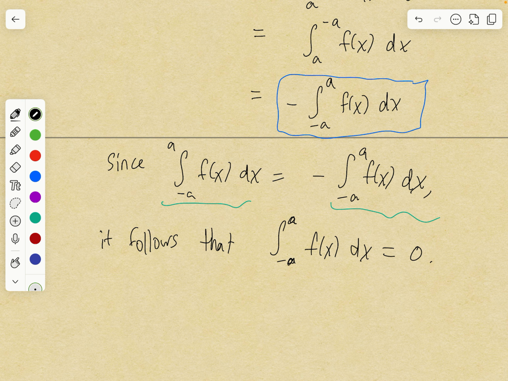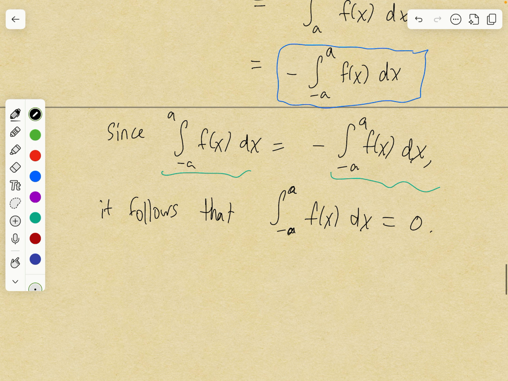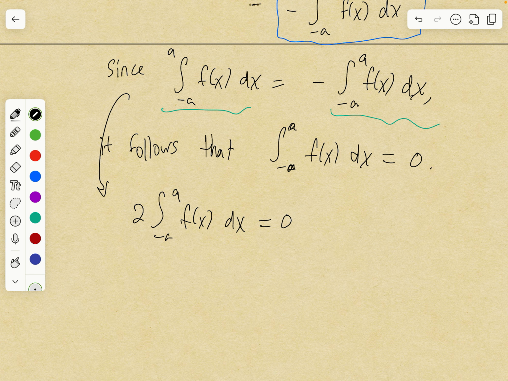Or if you don't follow the reasoning that the only number that is equal to minus itself is 0, another thing you could do is just add the integral from negative a to a to both sides. So you get 2 times the integral from negative a to a is 0, and then you divide by 2, so then you get 0.